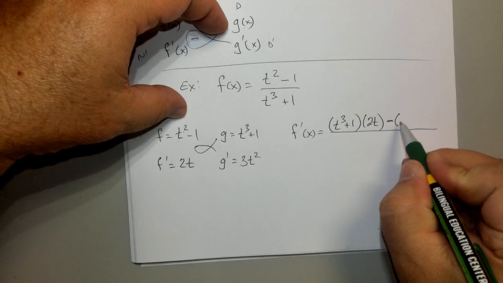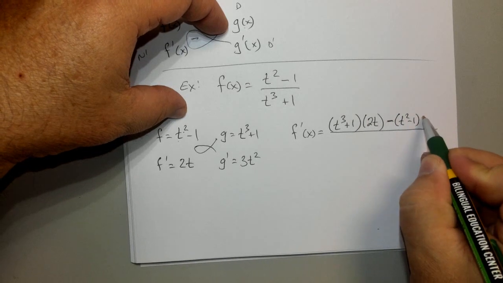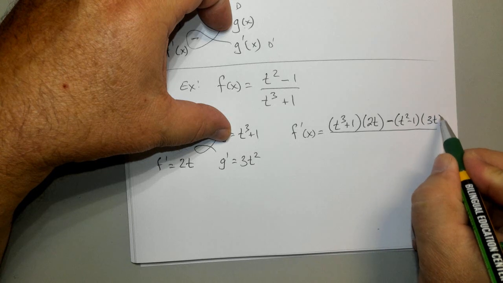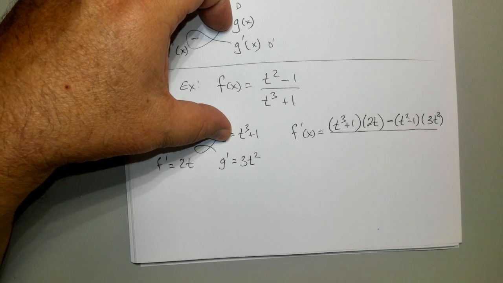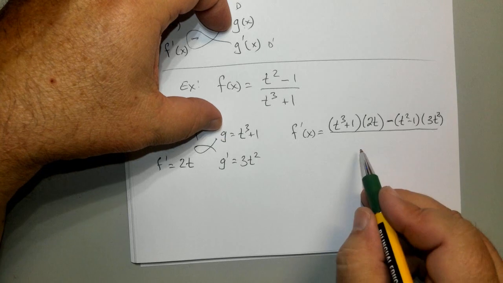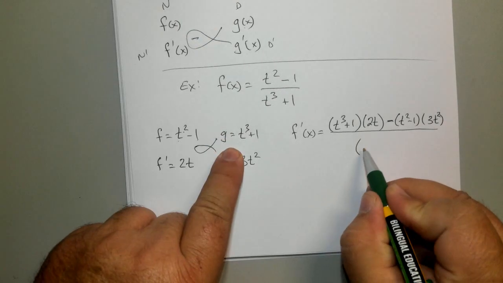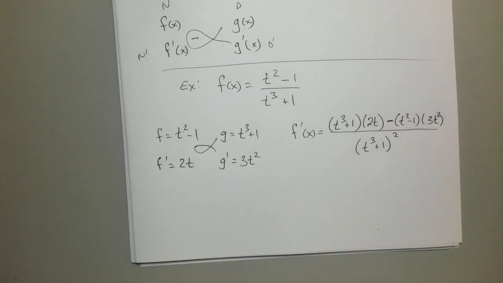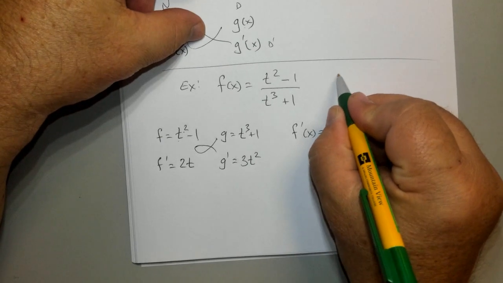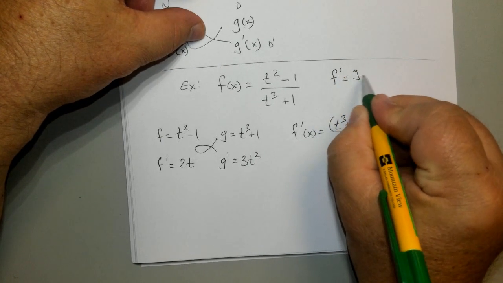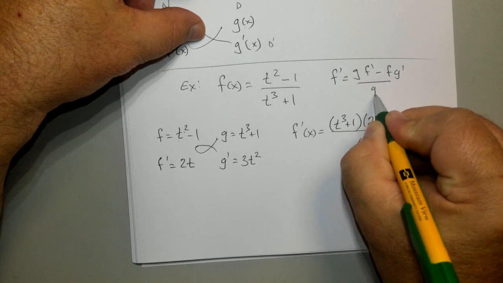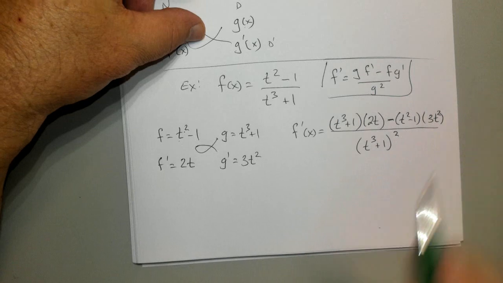Go to f, which is t squared minus 1, times g prime, which is 3t squared, all over g squared. So it's f prime g minus f g prime over g squared. This is the shortcut of it.